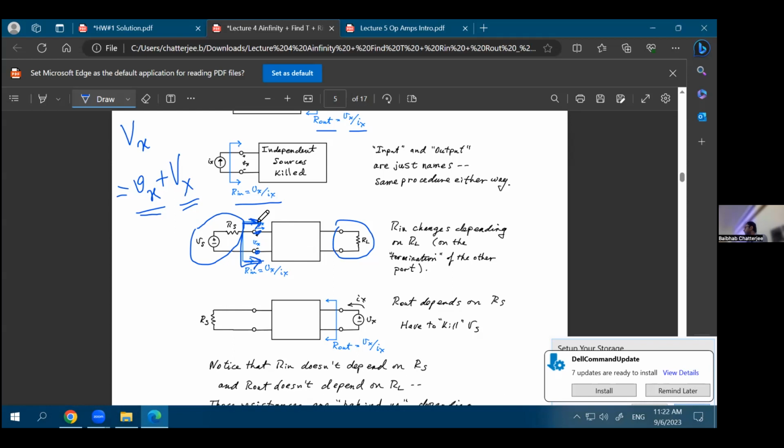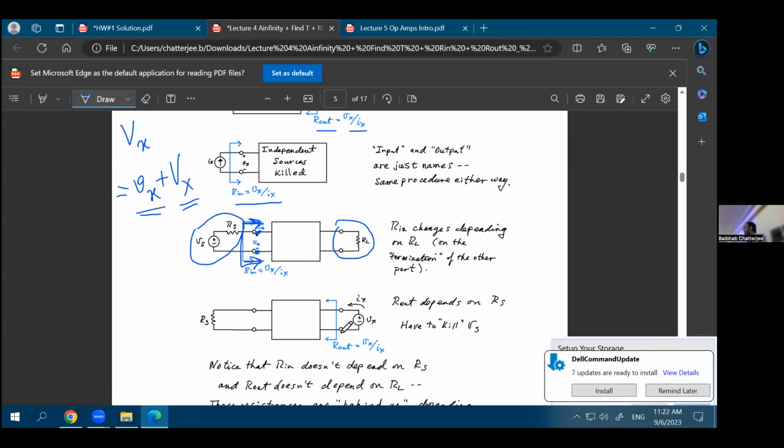Similarly, when you are trying to find the output resistance of the black box, it does not matter if you have connected a load, because the load is on the right-hand side and you are looking into the left-hand side. If I'm looking into the left-hand side, I don't know what is present on the right-hand side, right?